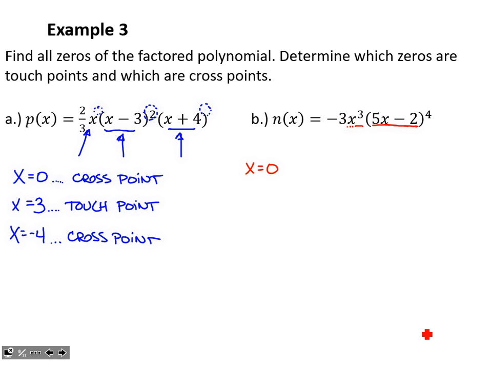Odd powers mean cross points. And the second factor is a quantity, 5x minus 2. The solution coming out of that, imagine setting that factor equal to 0. You would add 2 and then divide by 5. Positive 2 over 5. And I see that factor an even number of times, indicating a touch point.